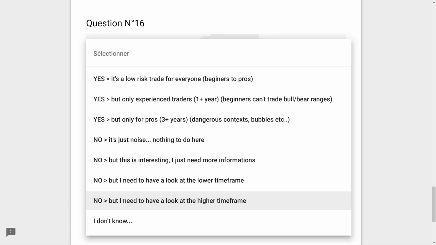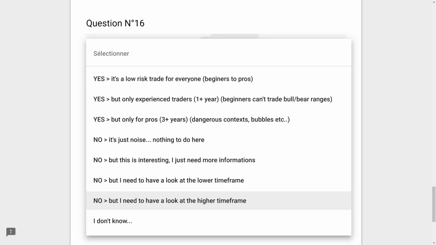So when there is a trend, you really need to be able to highlight this and highlight the trading potentials through them. Those who say yes to experienced traders, 13% of you, I totally agree with that, and 20% have said you need to have a look at a lower time frame, which I totally agree with. So in a majority of answers, I agree with your answers.